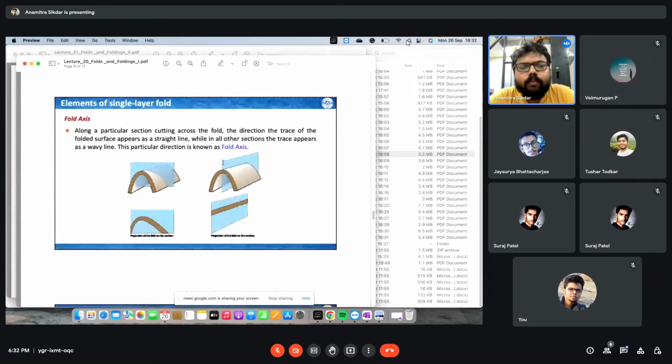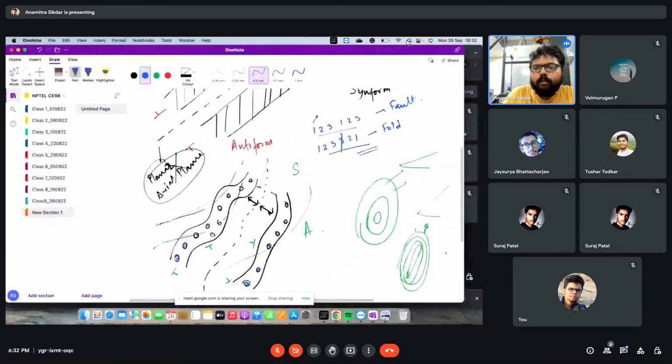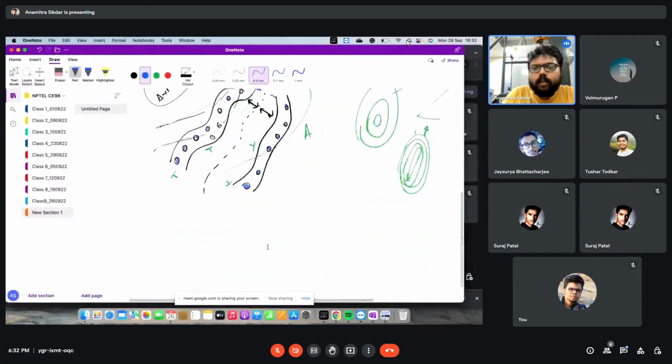So you have to connect all the hinge points, right? So these are all hinge points. You connect these hinge points, and there will be another fold right here. In the field you usually don't get one fold. Maybe you can get a series of folds like this one, right?